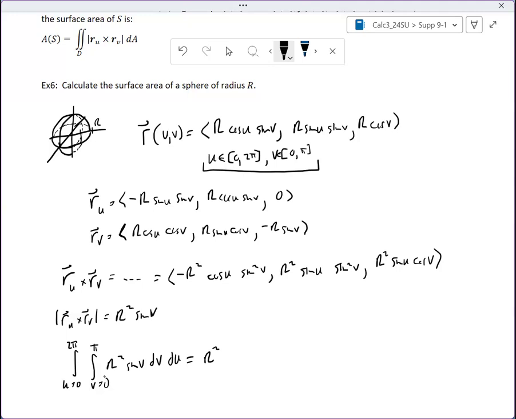Nothing in the integrand nor in the bounds of v depends on u, so that's just a 2 pi. That can all just come out in front. And then I have negative cos v from 0 to pi. This is cos v from pi to 0. Well, this is just 2. So I get 4 pi R squared, the familiar surface area of a sphere.